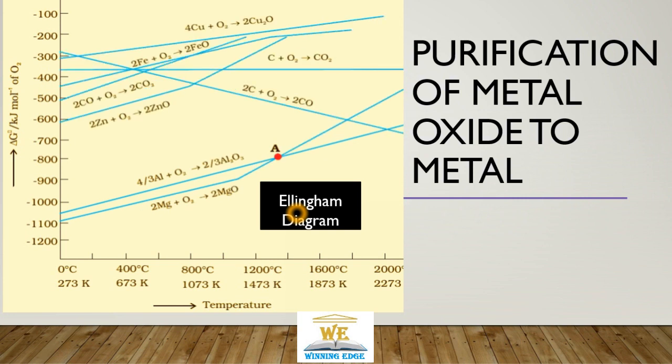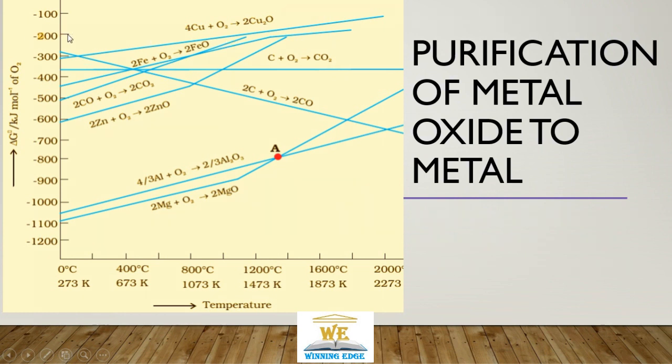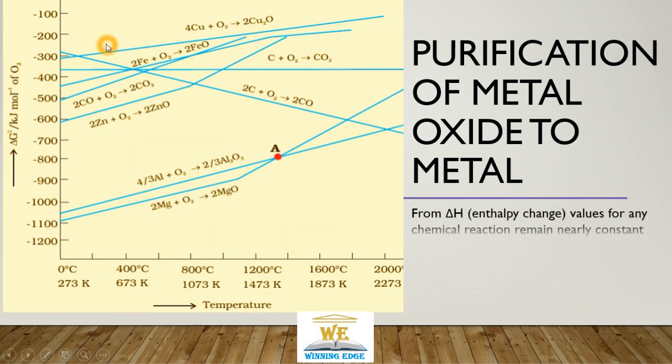This is called the Ellingham diagram. From left to right, the metal shows delta G is negative. So for the reverse of the reaction, delta G will be positive. These are the oxidation diagrams, the Ellingham diagram, and we see delta G is negative here. So the reverse of it will be positive.